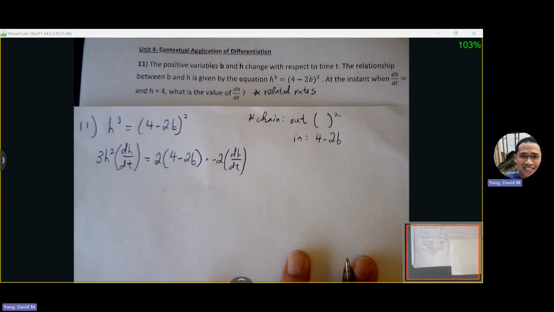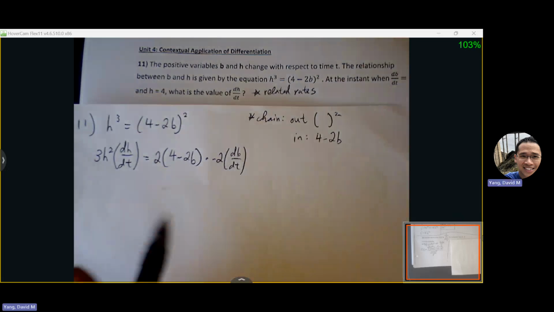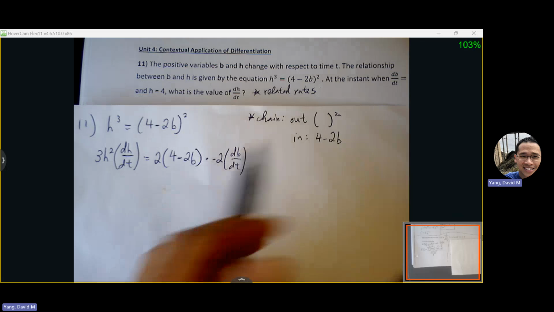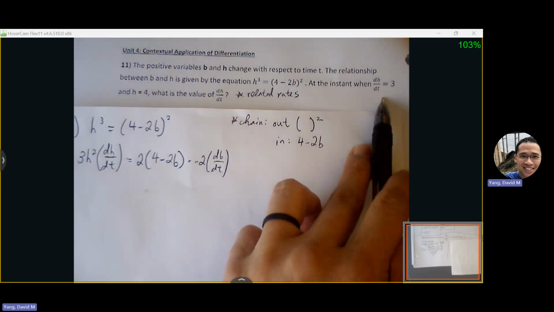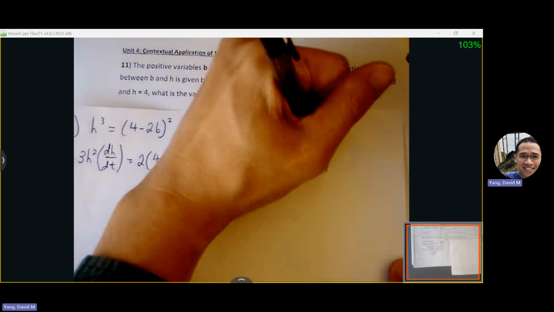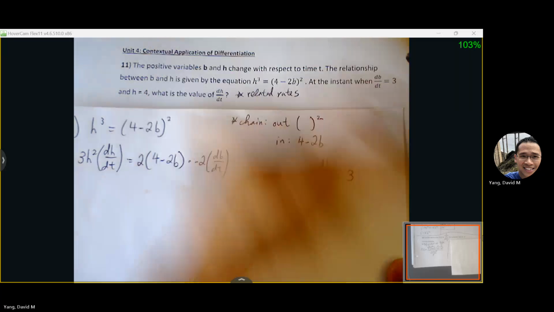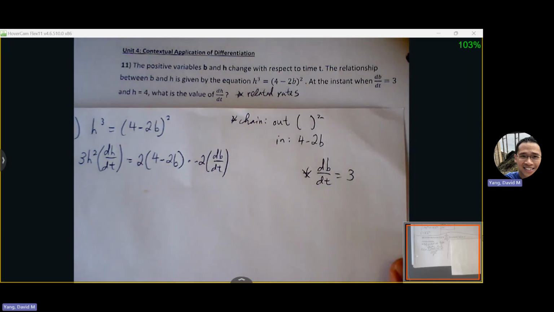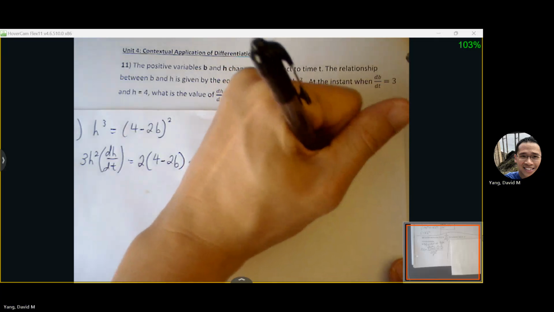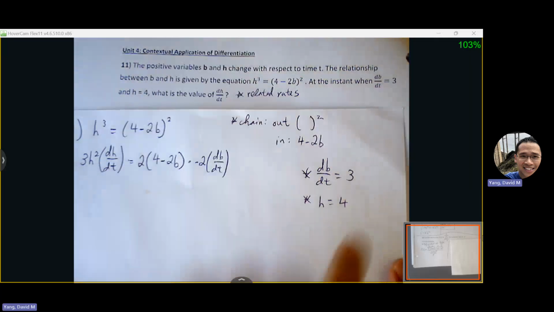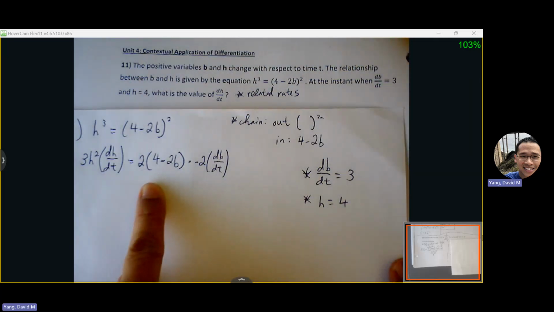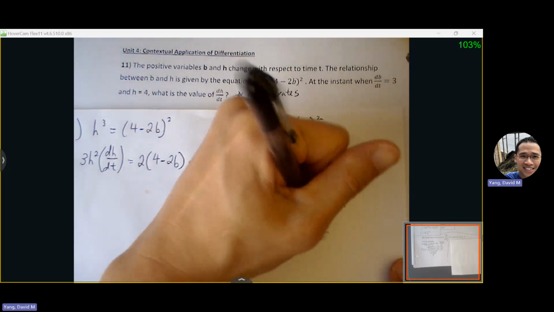Okay, so let's see what we have. So we can plug in and find the variable that we're looking for. So we know that dB/dt is 3. We can use that information. H is 4. And we're looking for dH/dt, which is the unknown.